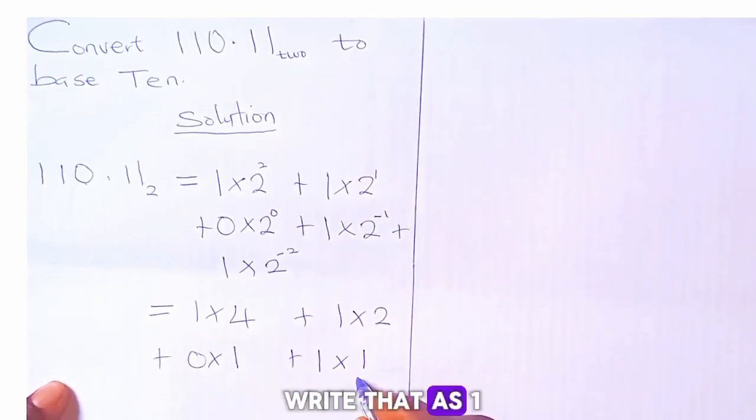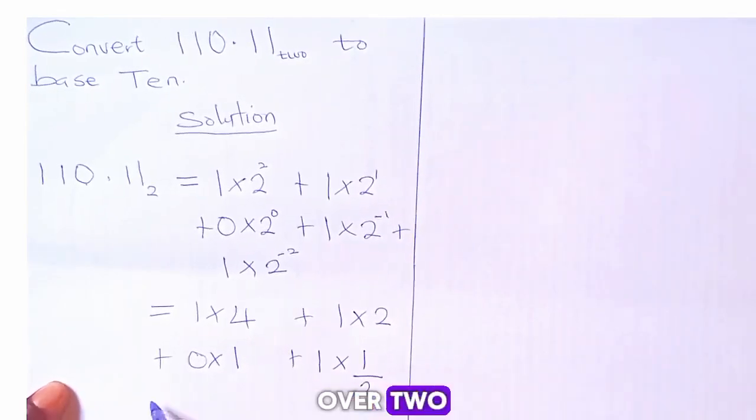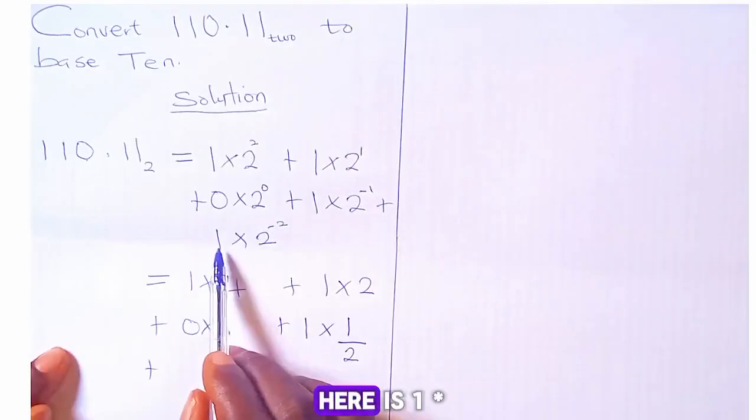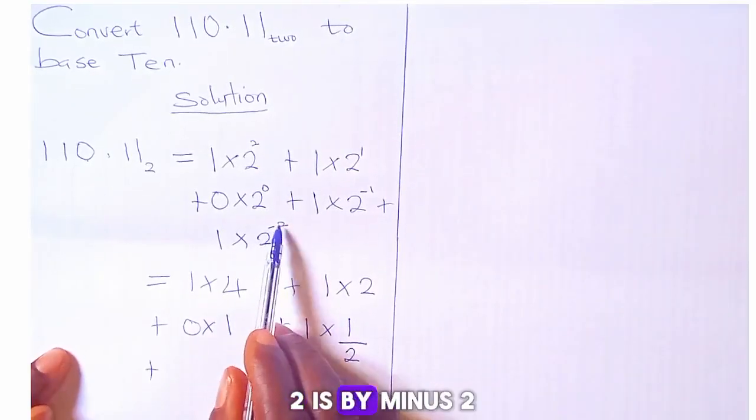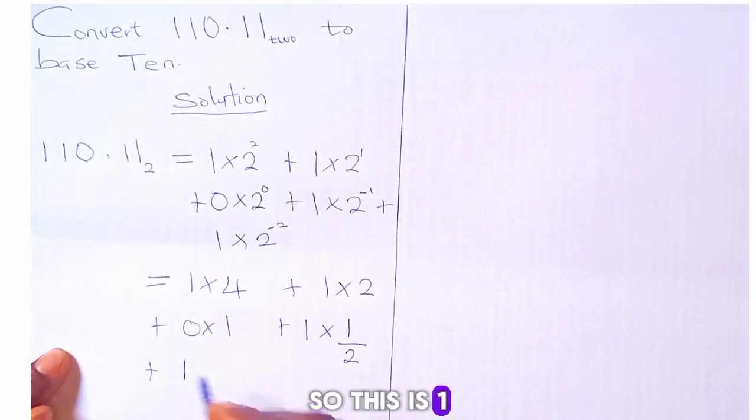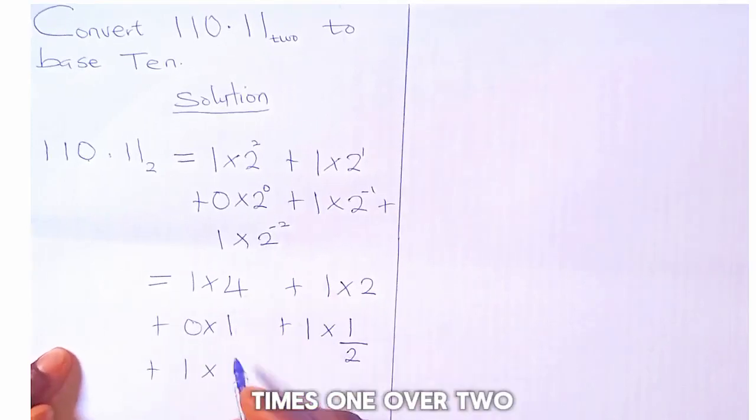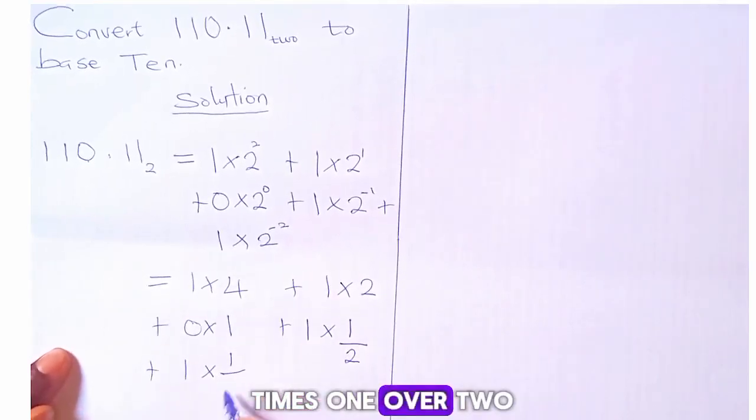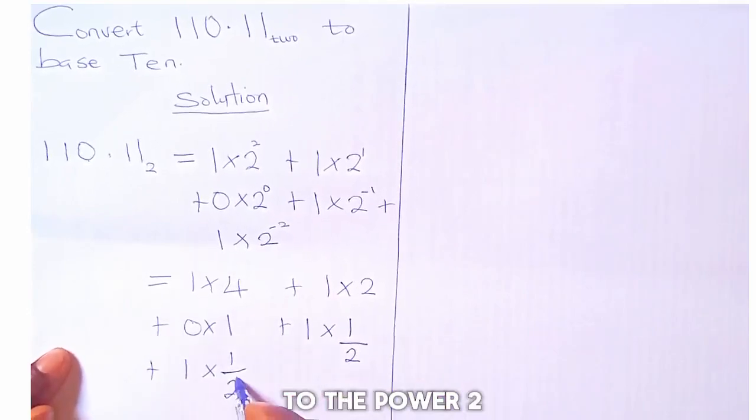So I'm going to write that as 1 over 2 plus the last term here, which is 1 times 2 raised to power minus 2. So this is 1 times 1 over 2 raised to power 2.